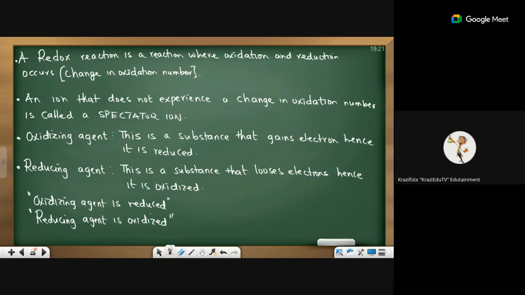An oxidizing agent is reduced. And what is reduction? The gain of electrons. So an oxidizing agent is a substance that gains electrons, because the gain of electrons is reduction. A reducing agent is oxidized.